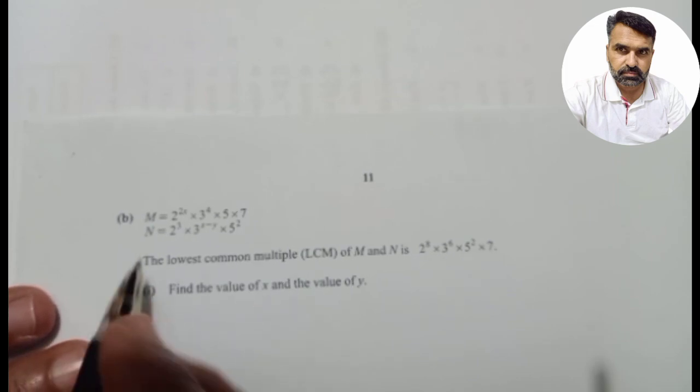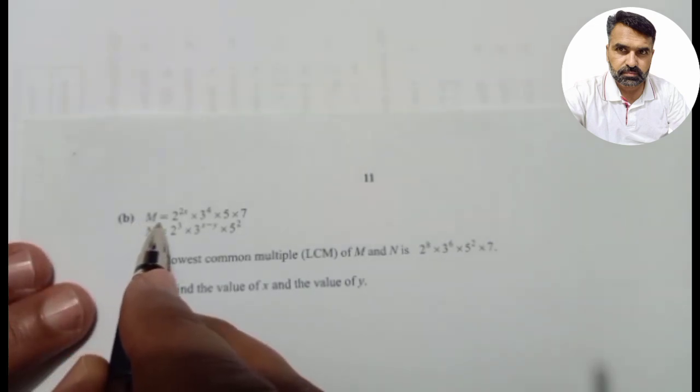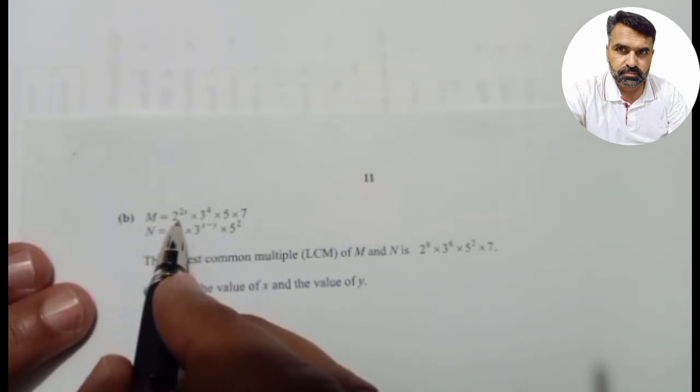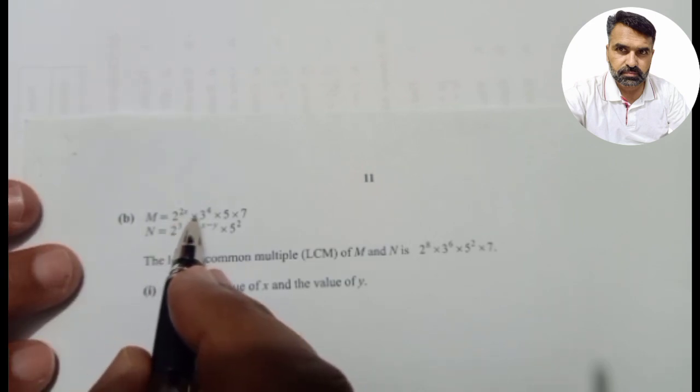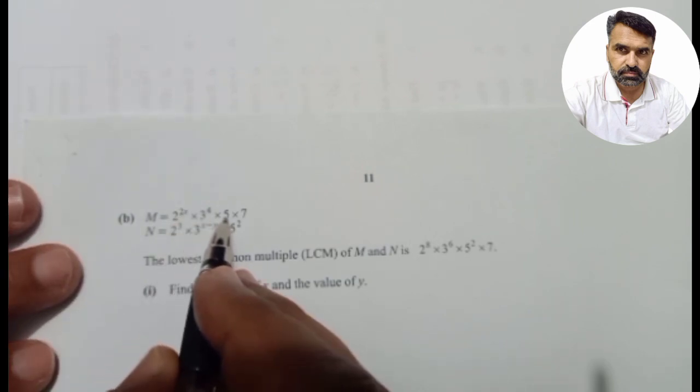Now look at part B of question number 5. A number m is represented as a product of prime numbers: 2 to the power of 2x multiplied by 3 to the power of 4 multiplied by 5 multiplied by 7.